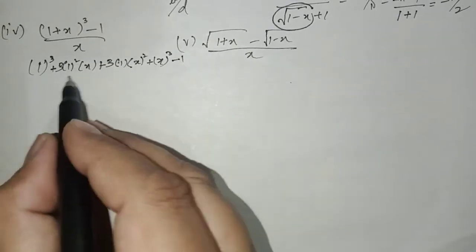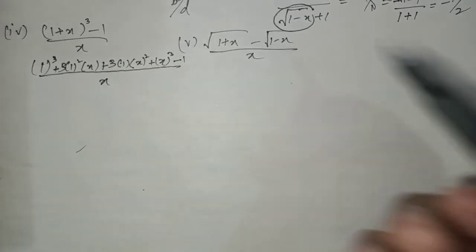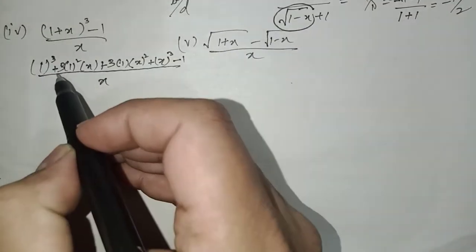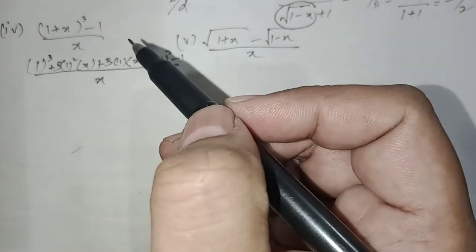Minus 1 is given, so it will be noted there, and in the denominator there will be x, right? So we have replaced a by 1 and b by x, right?